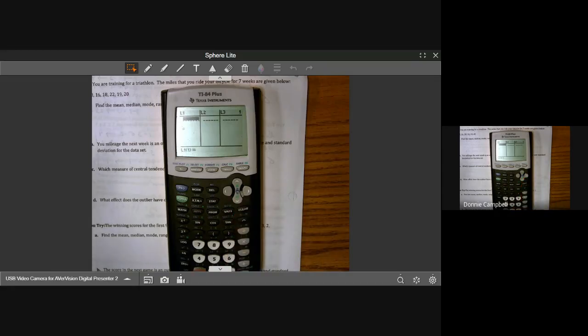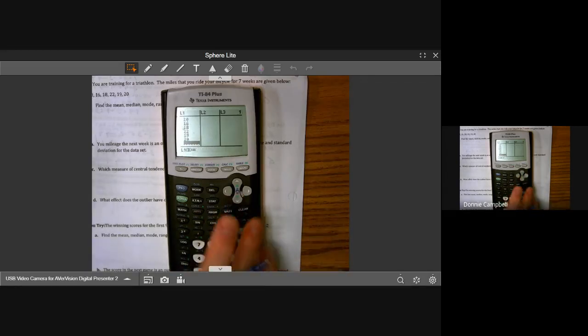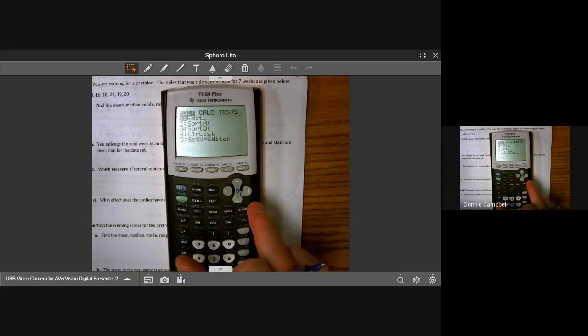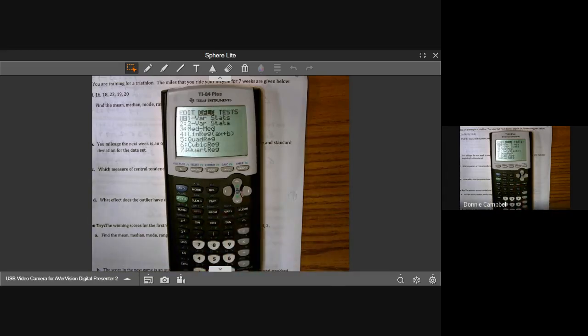And I've got 17, 20, 16, 18, 22, 19, 20. Okay. So I got those. And then go to your stat and arrow over to calc and hit number 1 and hit enter. And now you can count.